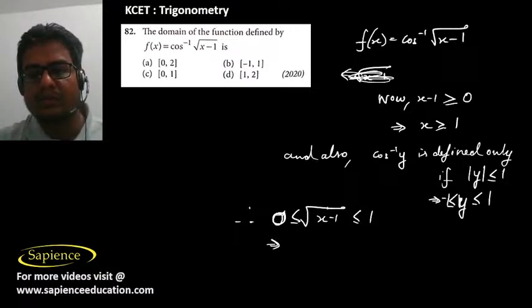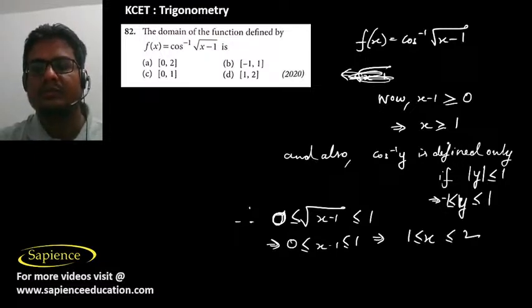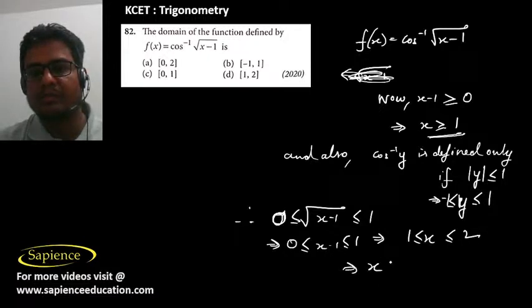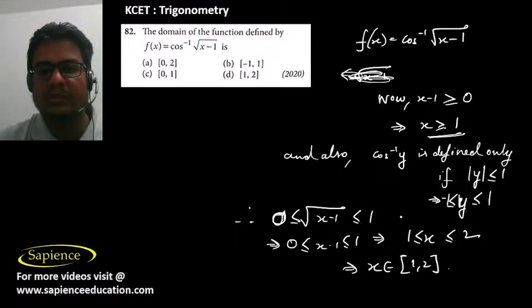So therefore if we square both sides, then we will get x − 1 should be greater than or equal to 0 and less than or equal to 1. So therefore x should be greater than or equal to 1 and less than or equal to 2. So x belongs to the interval 1 to 2. Option D is the correct answer.